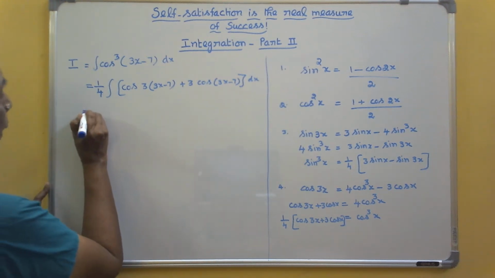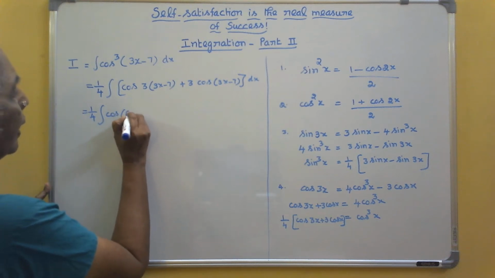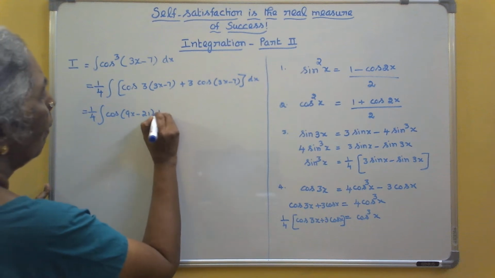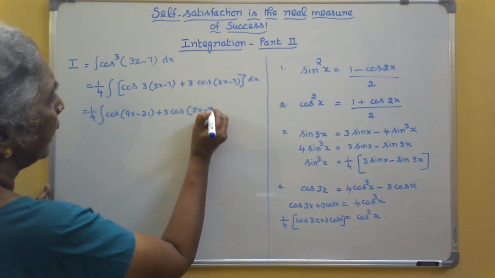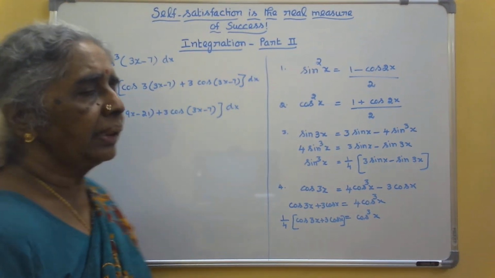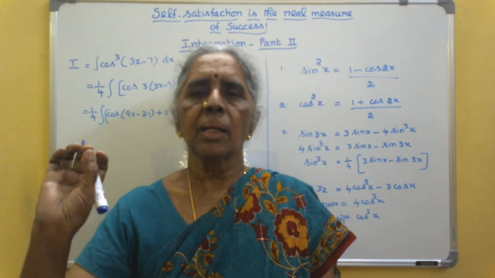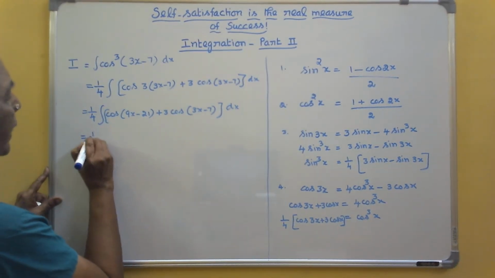Now let us expand the bracket and write it properly. So this is cos 9x minus 21 plus 3 cos 3x minus 7 dx, right? You know, integral cos x dx is equal to sin x plus c. So here, this 1 by 4 you write as it is.